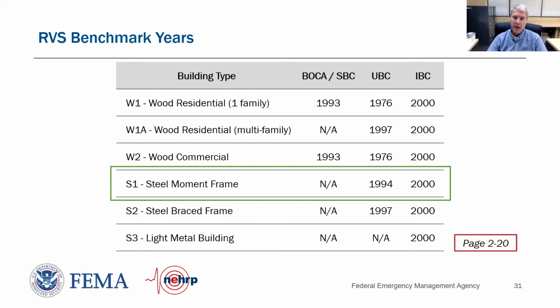And therefore, that's why this is a break point or benchmark year for steel moment frames, to where if you are designed to the UBC after 1994, then you're designed to these much better or higher seismic design provisions for steel moment frames. So that's the idea behind the benchmark years.